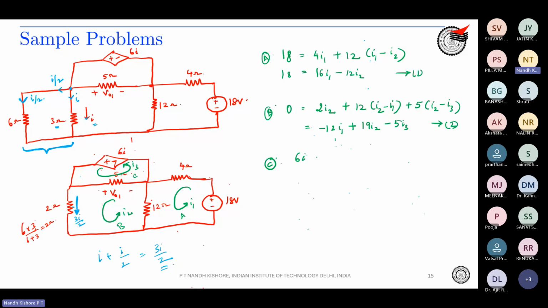So you get basically 6I is equal to 5 into (I3 minus I2). You know that your I2 is going to be 3I by 2. We just saw over here, this is the current that is flowing through the 2 ohm resistor, which is the same as I2.